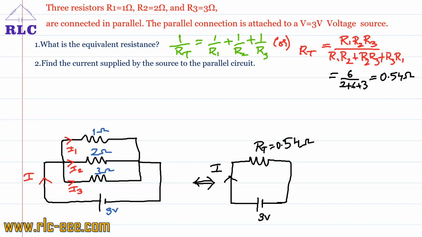Just apply Ohm's law: I is equal to V by R, that is I is equal to supply voltage V divided by total or equivalent resistance. That is 3 divided by 0.54. How much will you get? 5.5 amps.